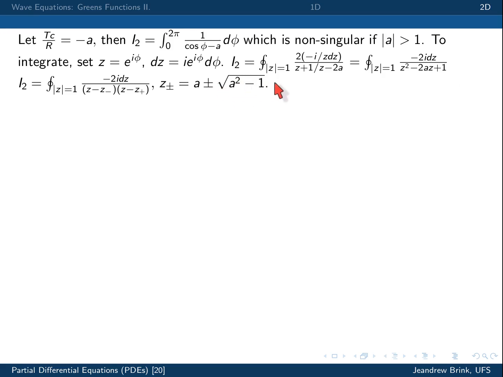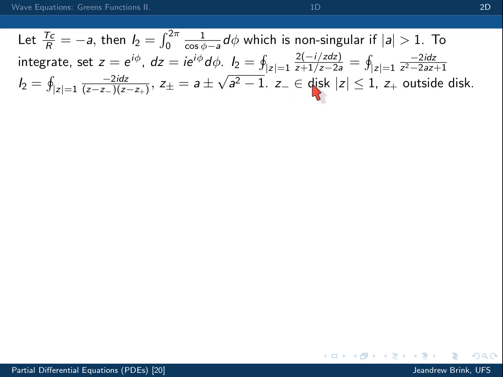And from here we can see that, because we're going to restrict a to be positive, z minus lies within the circle, and z plus lies outside.